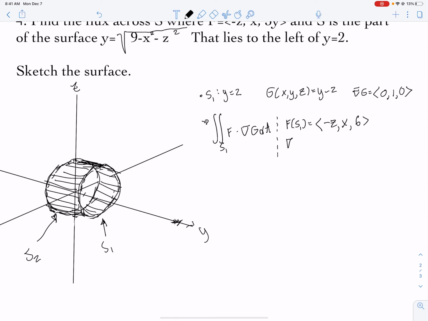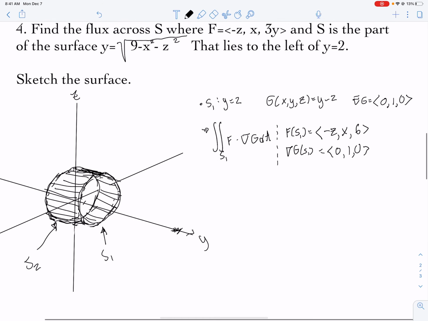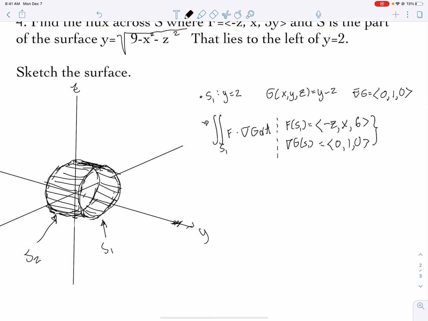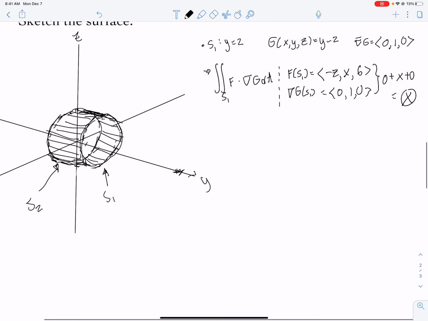And then our del g of the first surface is 0, 1, 0. Finding the dot product, we get 0 plus x plus 0. So we have x as our integrand into our surface integral.